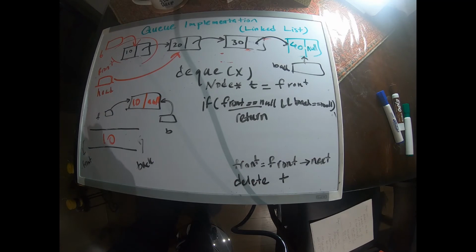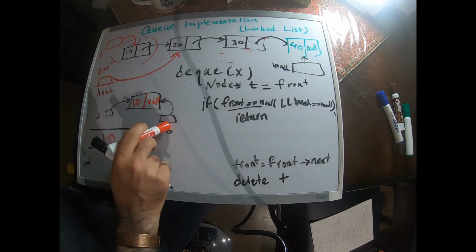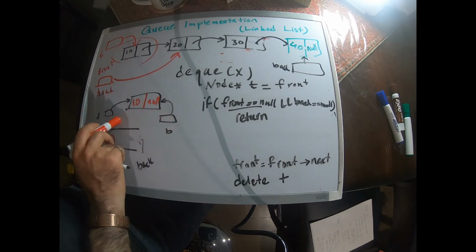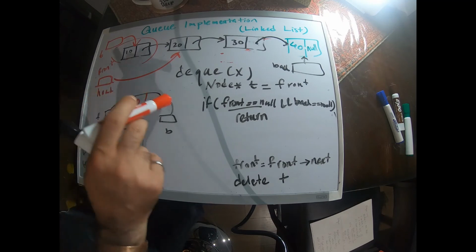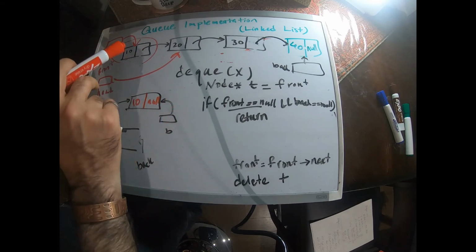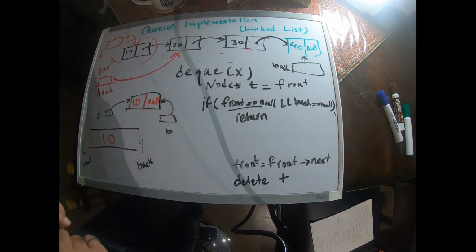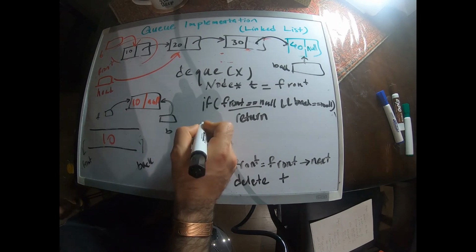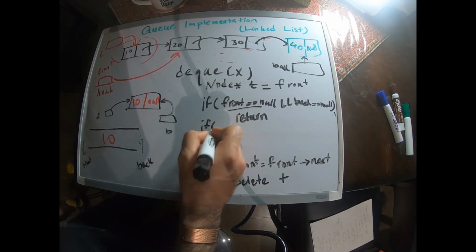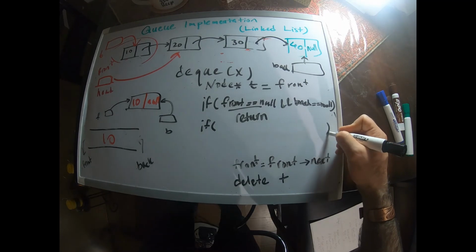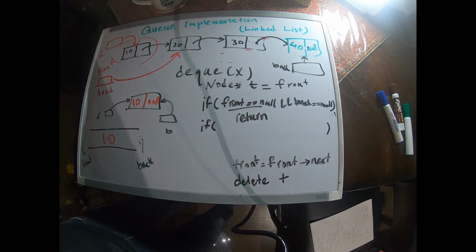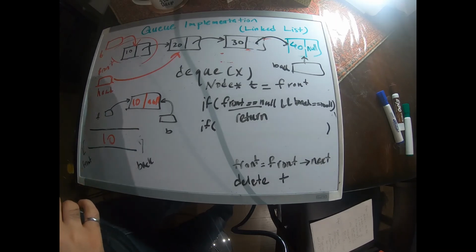If we want to dequeue, what's going to happen? Well, the queue is going to be empty, right? So similar to the case where we implemented the queue with an array, we have to check if this is the last data that we want to pop out of the queue.